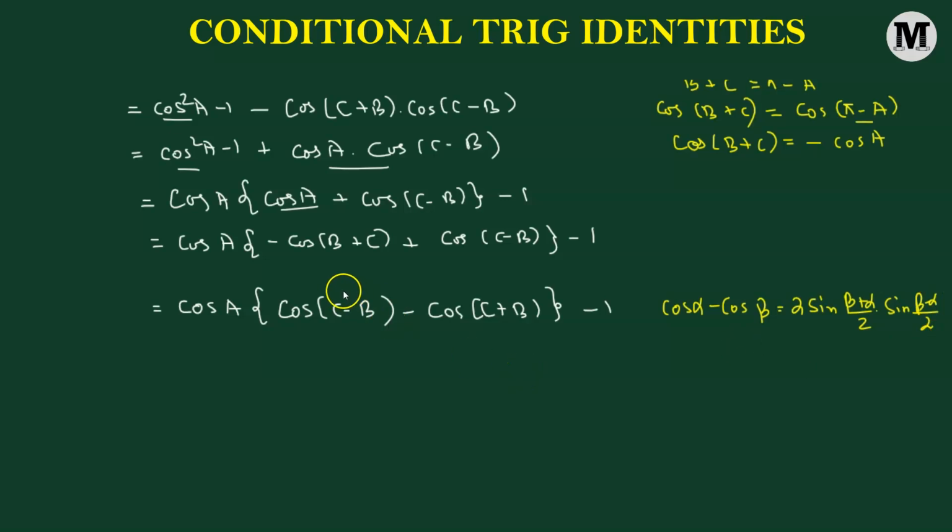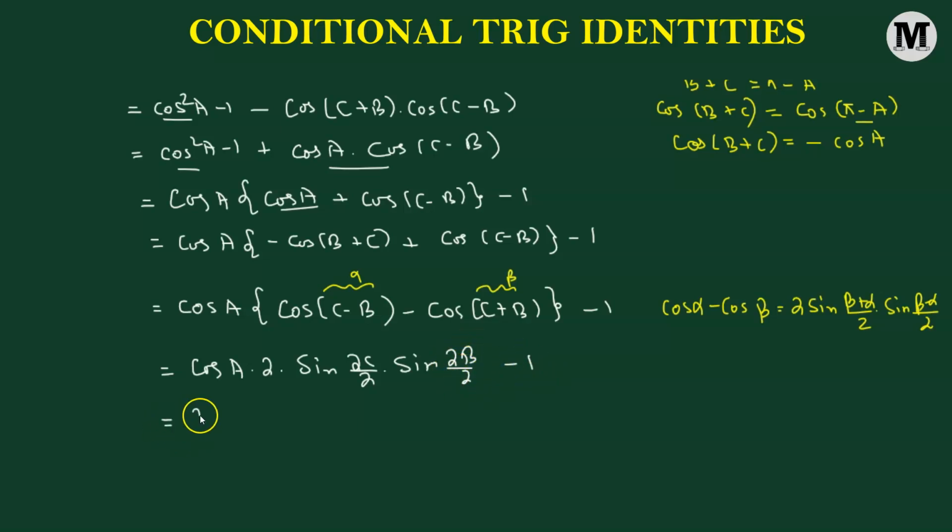Here C minus B corresponds to alpha, and C plus B corresponds to beta. When we use the formula, we're going to get cosine of A multiplied to 2 times sine of, so beta plus alpha means C plus B added to C minus B, that gives us 2C divided by 2, multiplied to sine of beta minus alpha. The beta minus alpha is going to give us 2B, and we have division by 2, minus 1.